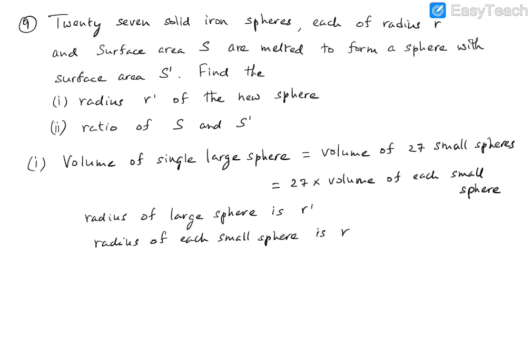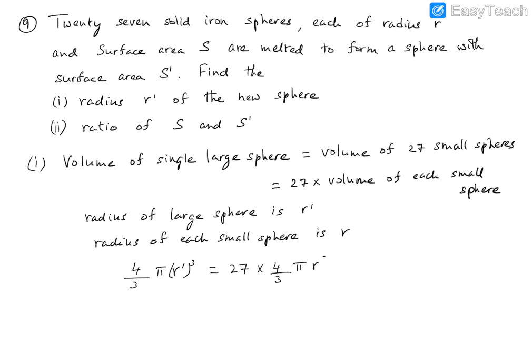So the volume of a sphere is 4 by 3 pi r cube. Therefore for the large sphere, with radius r dash, it is going to be 4 by 3 pi r dash cube, and that is equal to 27 times the volume of each of the small spheres, which is 4 by 3 pi r cube, where r is the radius of the small sphere.